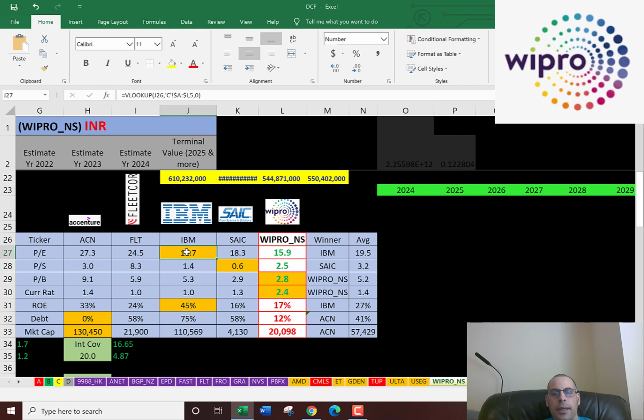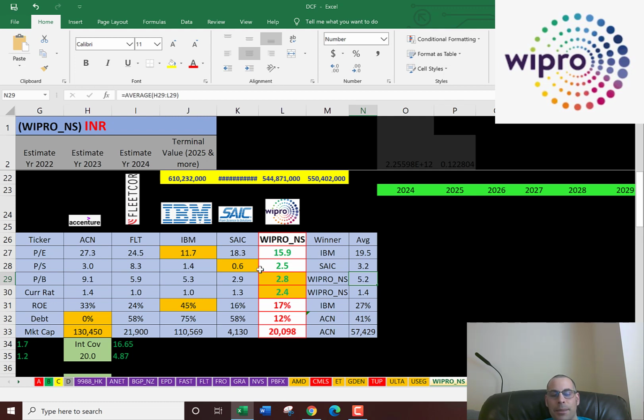IBM is the best. For price of sales, they're also better than the average at 2.5. Average is 3.2. Better than the average of price to book at 2.8 versus 5.2. They're actually the best in price to book of the companies. They have the highest current ratio of the companies. But they are lower than the average in ROE, debt, and market cap.